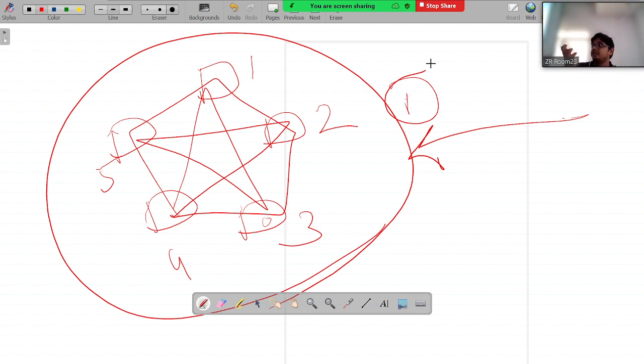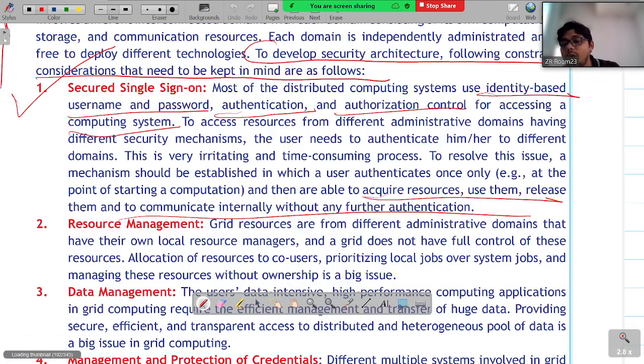Yes. So this single sign-on is required. Secured single sign-on means you sign in only one time and you can access everything. Like, for example, in your mobile, to make a call you had set a password. To open WhatsApp, you had a different password.